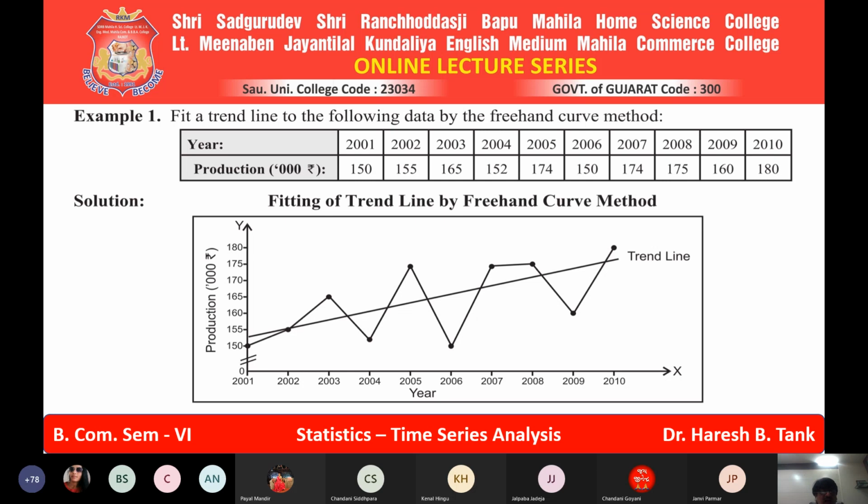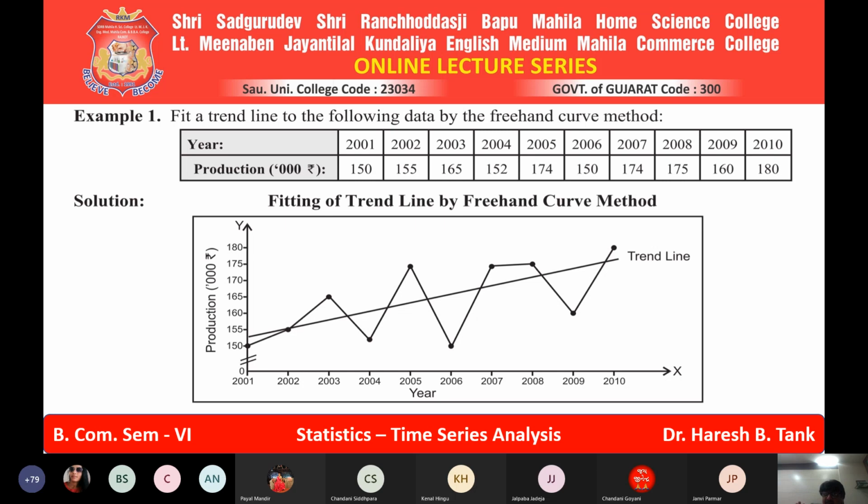So this is how the trend line is drawn. But drawing the trend line is not all. You have to observe the trend. Since it is going from the downward side to the upward side, from left to right, naturally you can say that it is an upward trend.